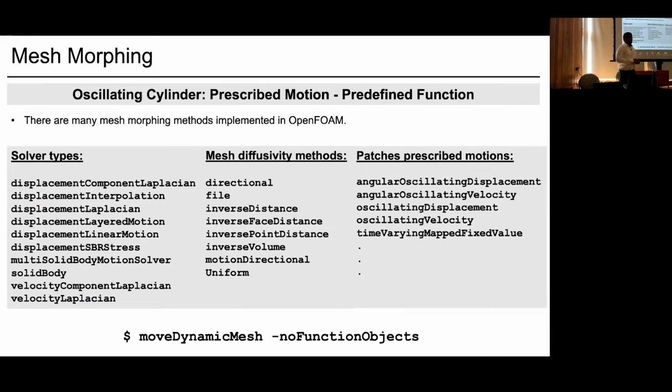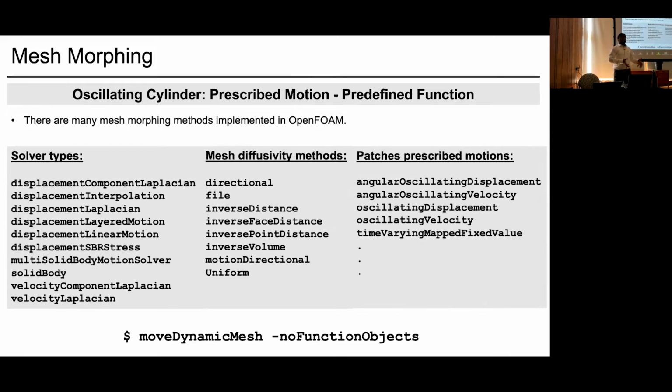So in OpenFOAM, as I said, there are many mesh morphing methods. The first one is the motion solver that I explained. One of them I took as displacementLaplacian, but there are many others. One is solid body, another is velocityLaplacian. So just to give an example, in velocityLaplacian you define the velocity of the body instead of the displacement.